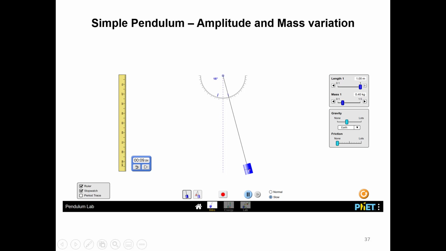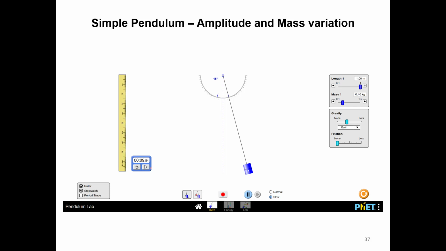Then release the pendulum. Once you are ready, you need to count 5 complete oscillations. The pendulum starts swinging like that, and it is going to swing all the time.